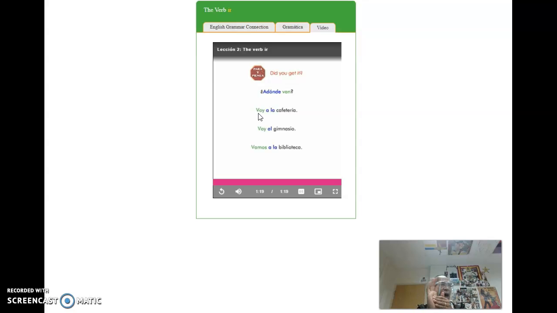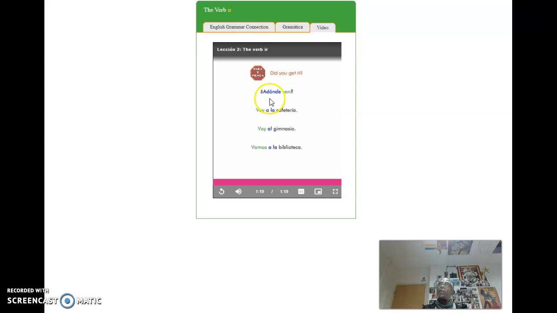Always. So in the present, it changes. In the past, it changes. In the future, it somewhat changes. And in the imperfect, in every tense, the verb ir changes. But what doesn't change is that it's followed by a after.